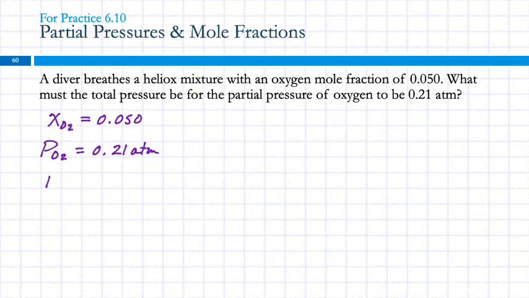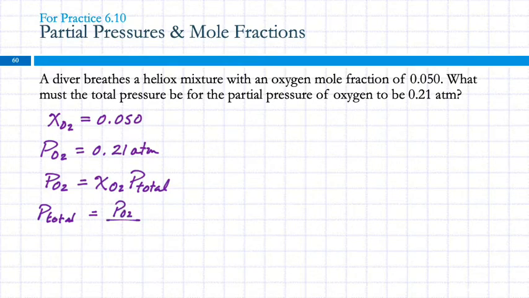Well, the equation that we had was that the partial pressure was equal to the mole fraction times the total pressure. So the total pressure will equal the partial pressure divided by the mole fraction. 0.21 divided by 0.050.